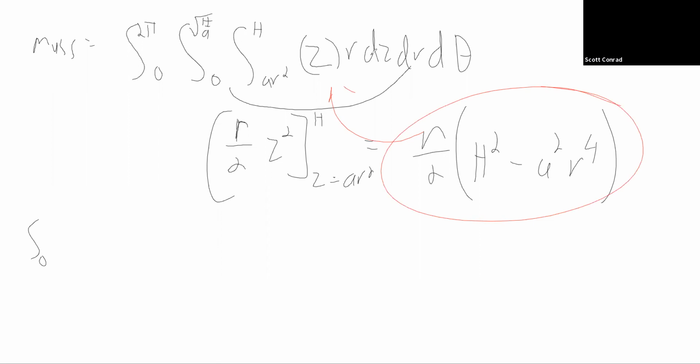We get integral 0 to 2 pi, integral 0 to square root h over a, r h squared over 2 minus a squared r to the 5 over 2, right?